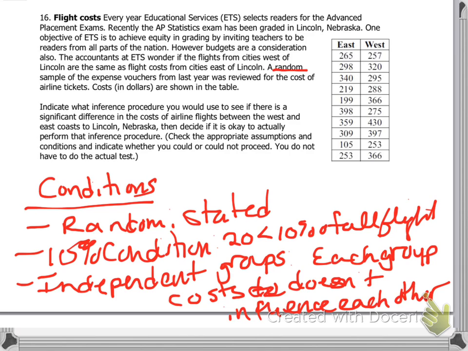Okay. And then we have to do nearly normal or large enough. You know, here n is less than 10, and we have our 20, and we have our actual data, so we have to do box plots.